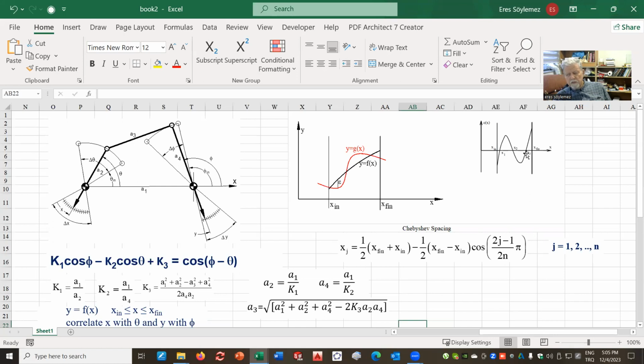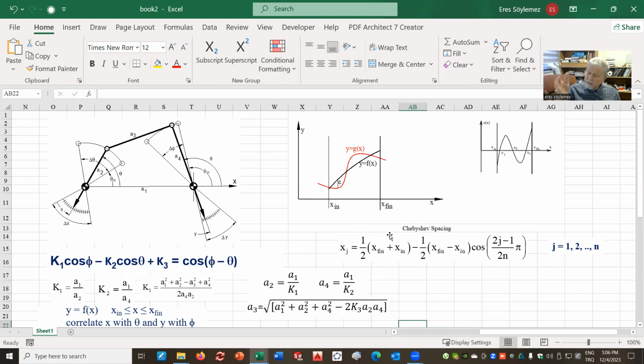And for those polynomials, the precision points, the points at which error is 0, are given by what we call Chebyshev spacing. For n precision points, the equation is as shown. For example, if n is equal to 3, it will be 1/2 (x final plus x initial) minus 1/2 (x final minus x initial) cosine of (2j minus 1) over 6 pi for j equals 1, 2, 3.